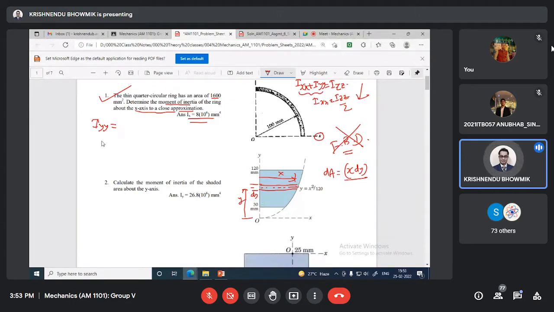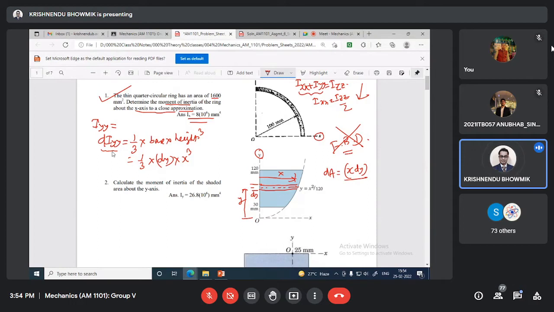So somebody can write dIy equals one third, because with respect to the base, correct? One third base multiplied by height cube. Here base is dy and height is x cube. Okay. So this is the expression basically.